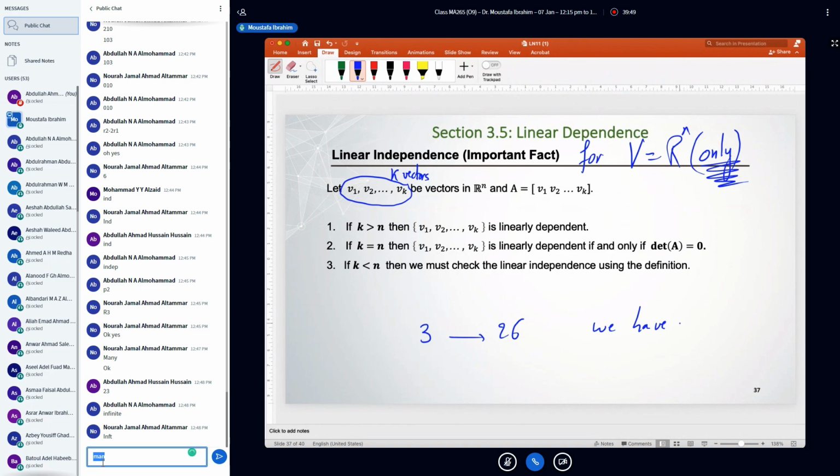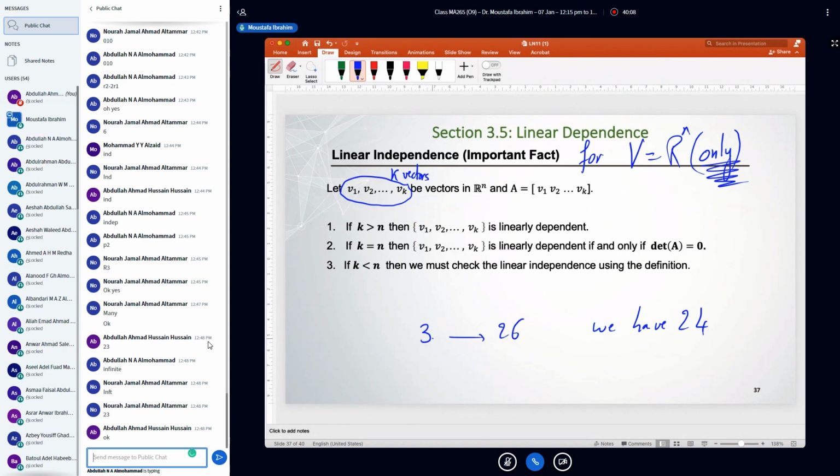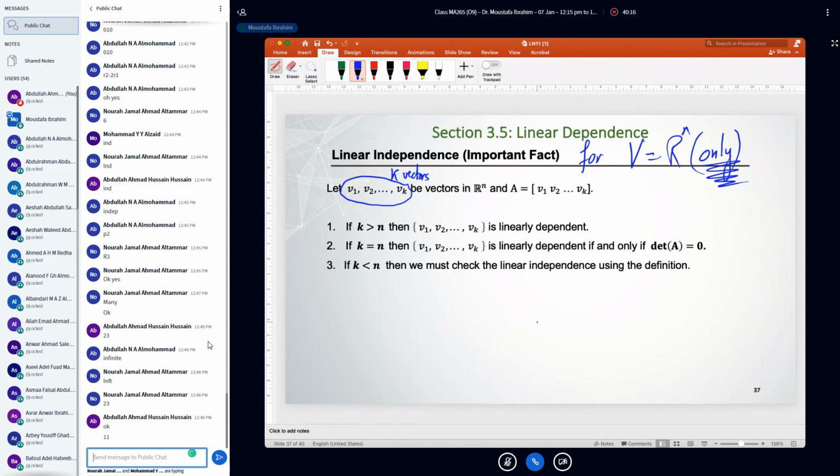How many natural numbers? We have 24, because you have to count 3 also. 3 is one number. 3, 4, 5, 6. Okay? So from 1 to 10, you have how much? 10.